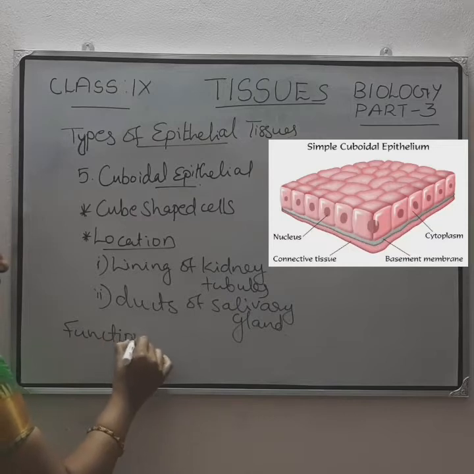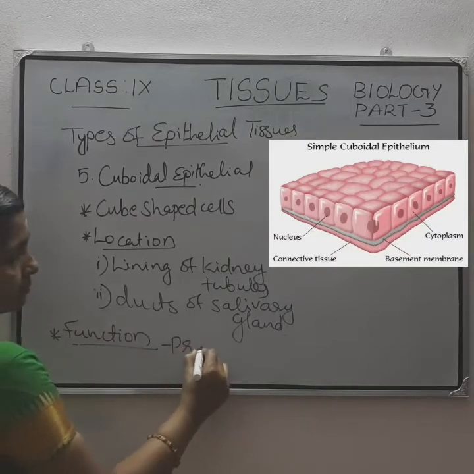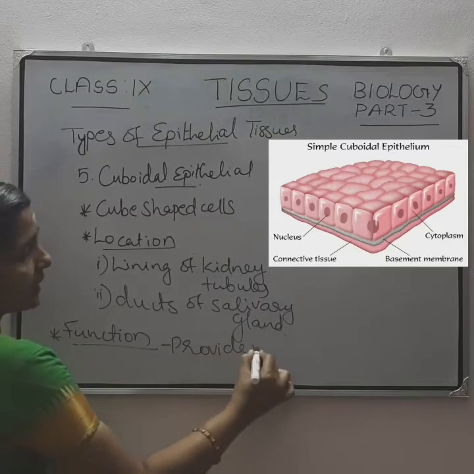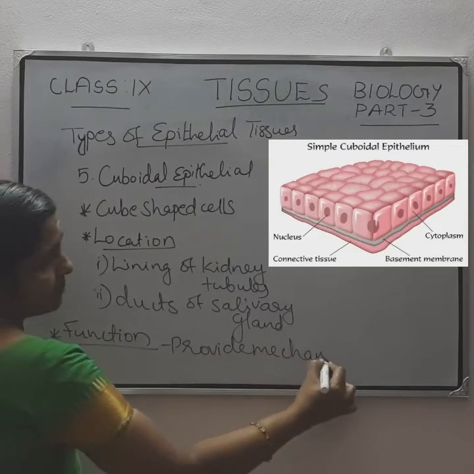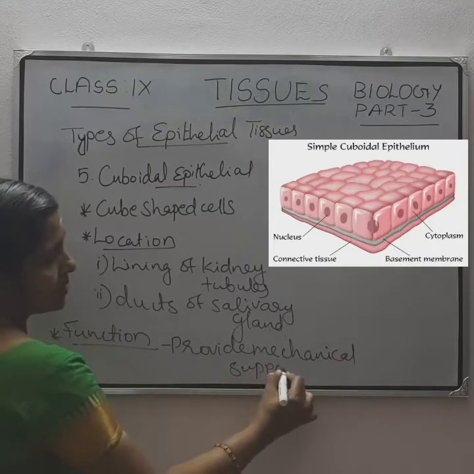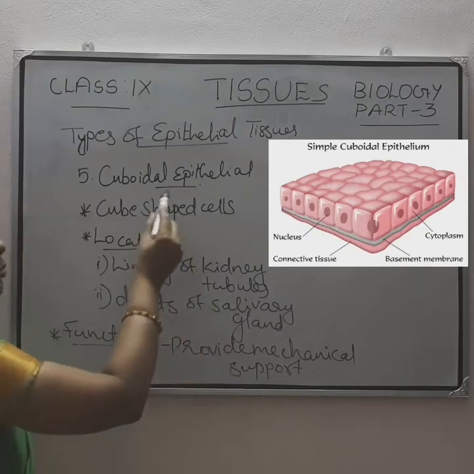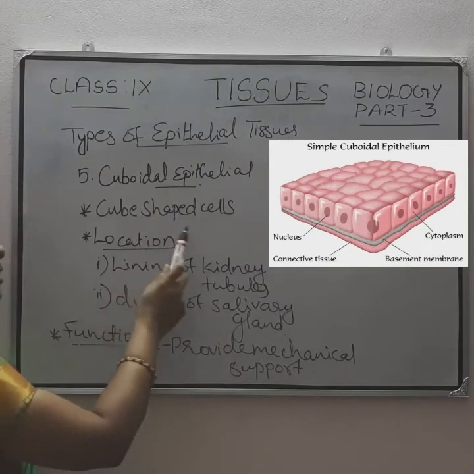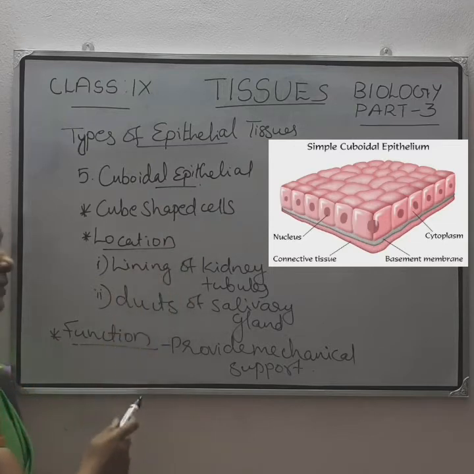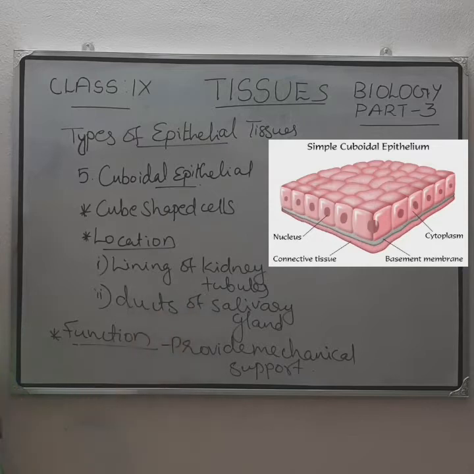Its function is to provide mechanical strength, or mechanical support. So that's about cuboidal epithelial cells. The cells are cube-shaped, found in the lining of kidney tubules and ducts of salivary gland, and the function is to provide mechanical support.